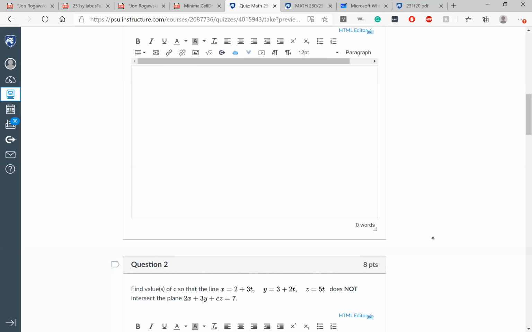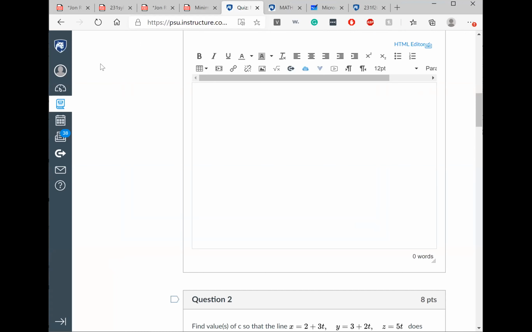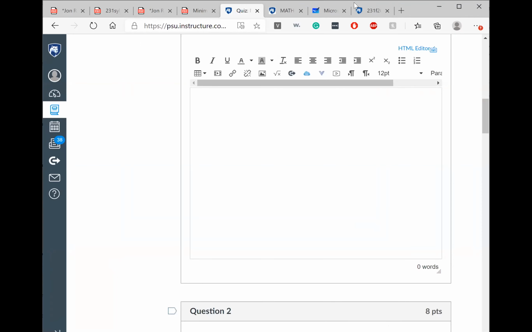Yeah, for some reason, when I share the screen, the thing on top is just blocking my view. Okay.